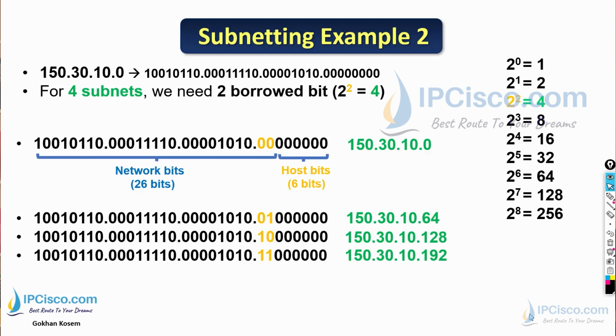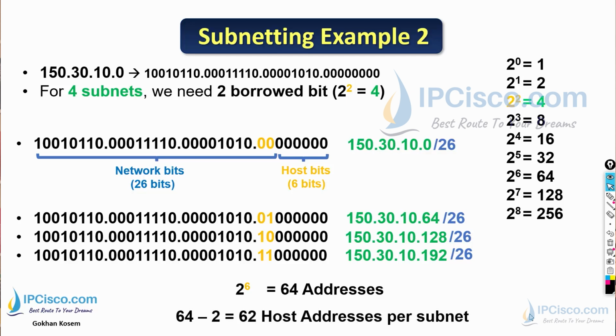Now we have 2 borrowed bits, so the new CIDR notation will be /26. And 2 to the 6 is equal to 64 addresses, and these are the addresses that we can create with these numbers. But we need to subtract the network address and the broadcast address of each subnet, and after this subtraction, we will find the available host addresses per subnet. This is 62 host addresses.